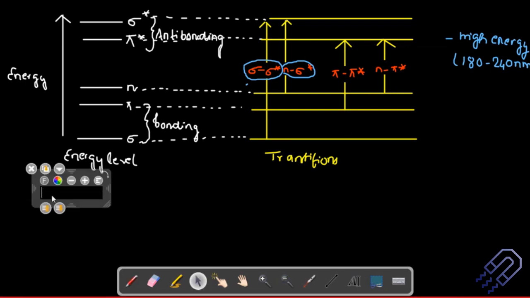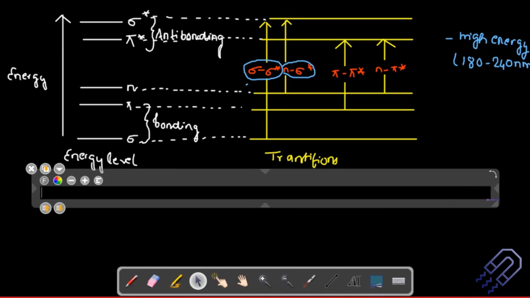Now the principle based on which we can know how much transition is happening is something which we know already. That's the Beer-Lambert's law. I'm not going to explain Beer-Lambert's law. Please refer to the previous lecture. We've already talked about this, but I'll just write one line here.